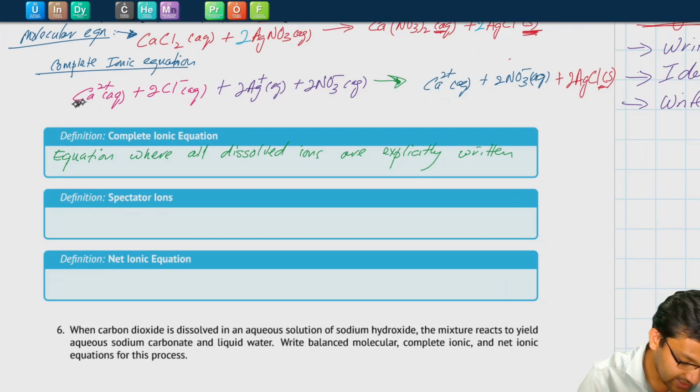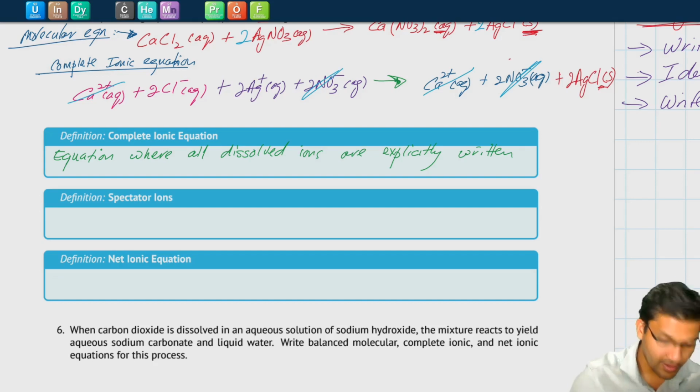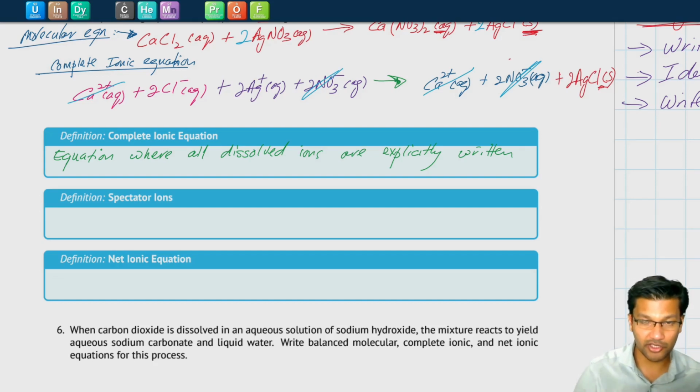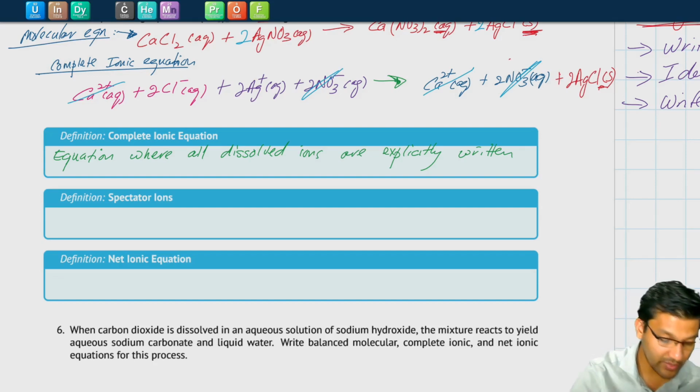We see that the calcium starts from Ca2 plus and it ends up at Ca2 plus. Nothing really happens. So let's just put a temporary stroke through that. We also see that the 2NO3 minus on the left-hand side is the same as the 2NO3 minus on the right-hand side. So because those ions did not change in the chemical reaction, we call those spectator ions.